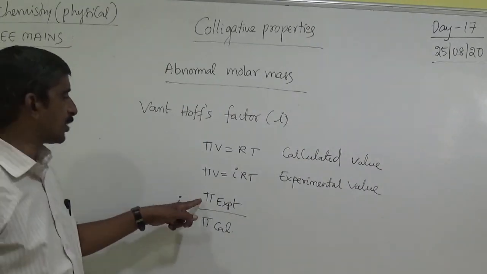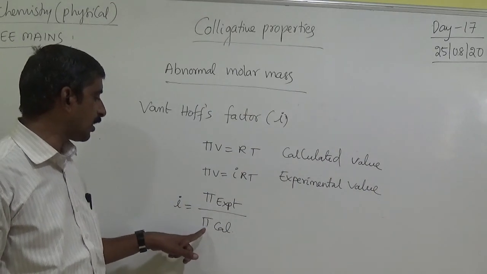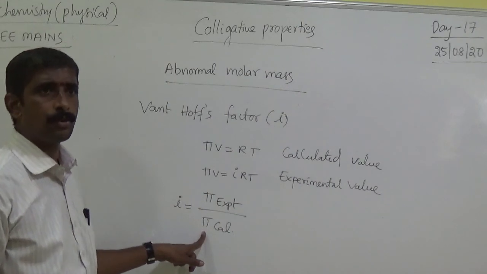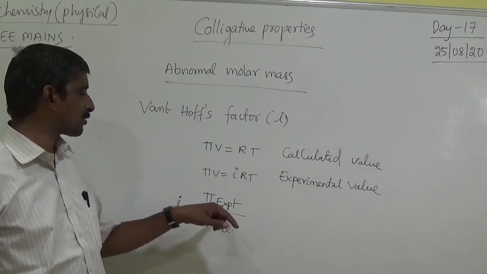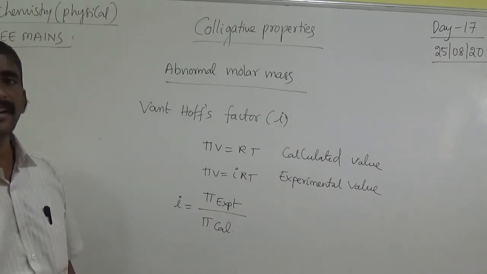Simply, the ratio of the experimental value of the colligative property to the calculated value of osmotic pressure. So the Van 't Hoff factor i equals experimental osmotic pressure by calculated osmotic pressure.